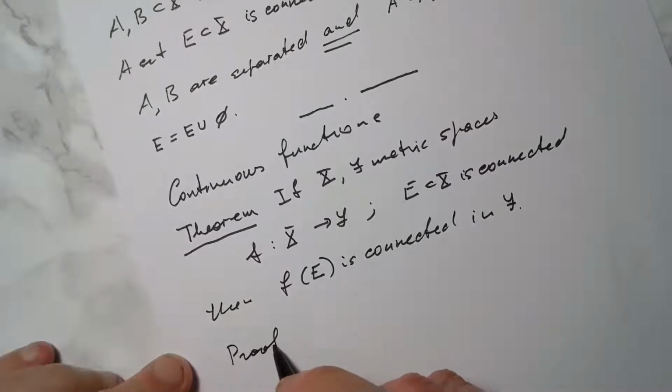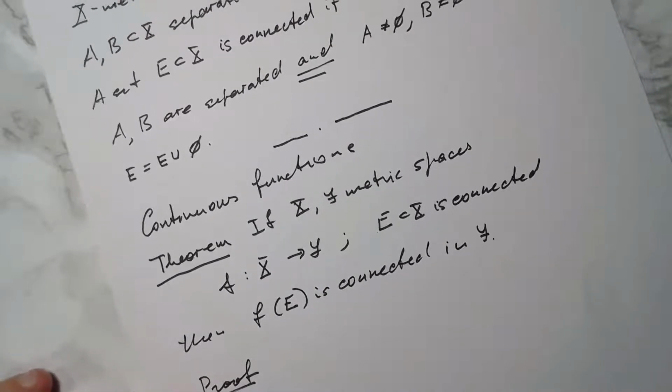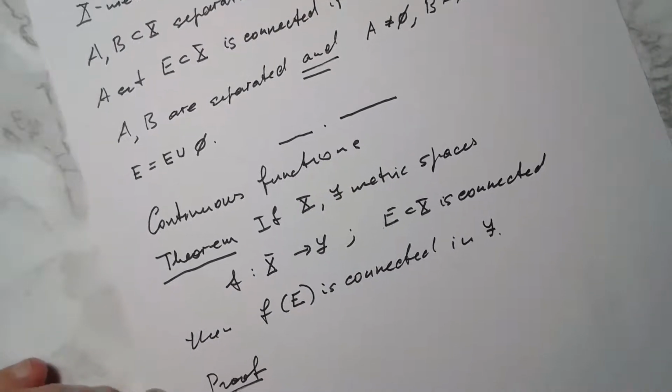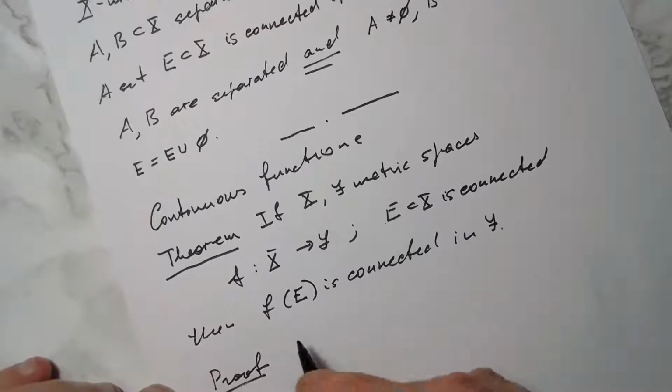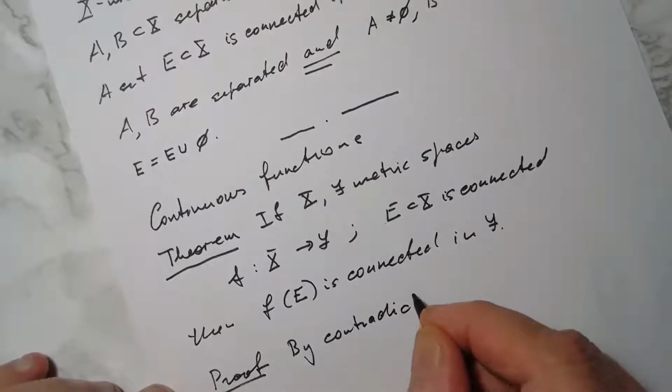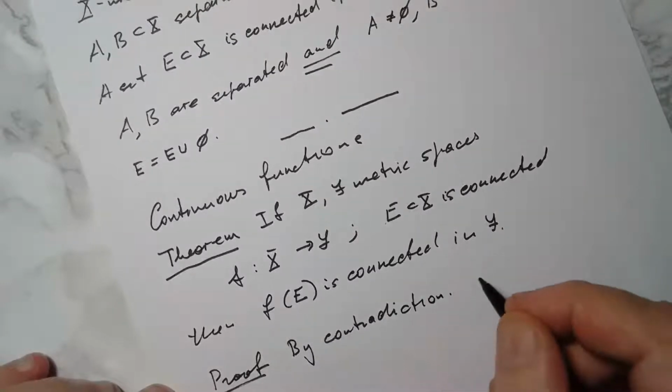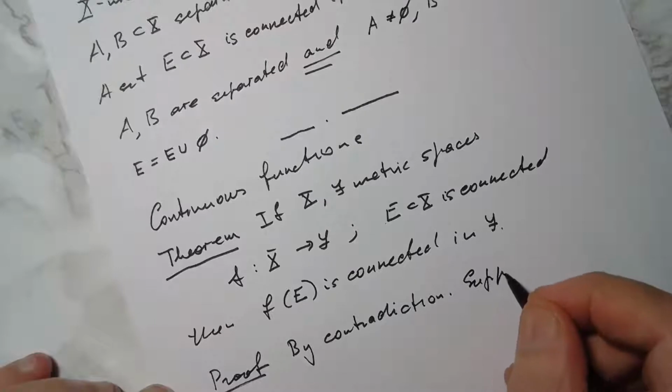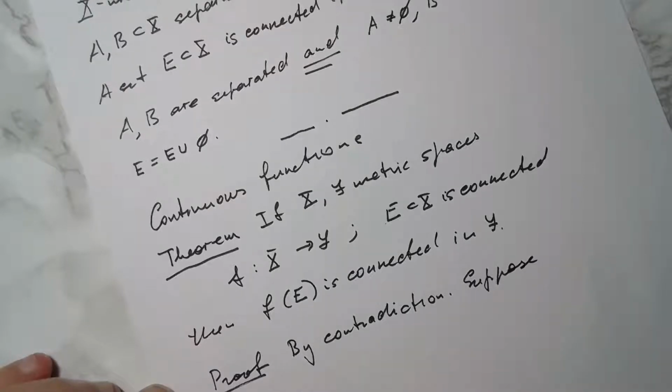And the proof, I think, is very easy, simply because the definition of the connected sets was done in such a way that the proof is easy. So the proof is by contradiction. Suppose that f of E is not connected.